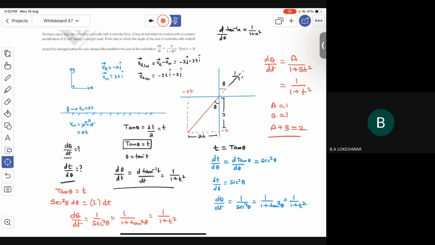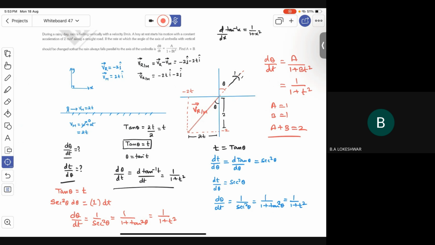No problem. I'll start our laws of motion. So before that, how did we get this tan theta equals t? This is the velocity of the rain with respect to the man. I can draw it like this. Correct? Because that vector has x component minus 2t, negative, and y component minus 2. So it must be making some angle with minus y, which should be acute, and some angle with minus x, which should be acute.